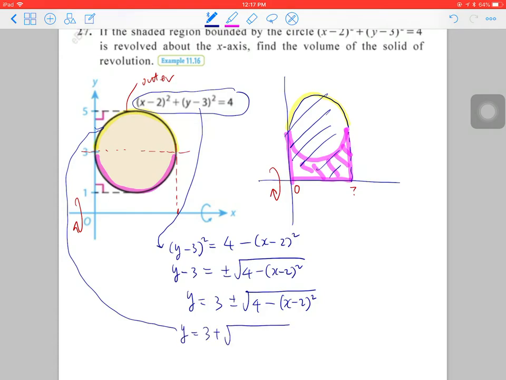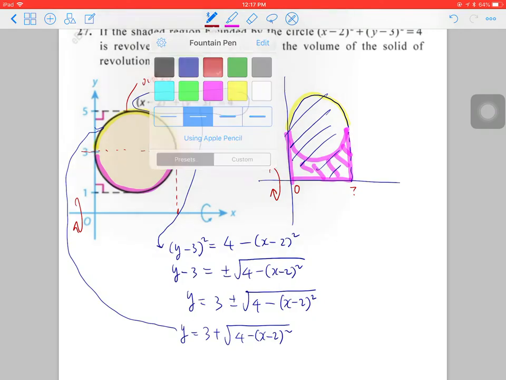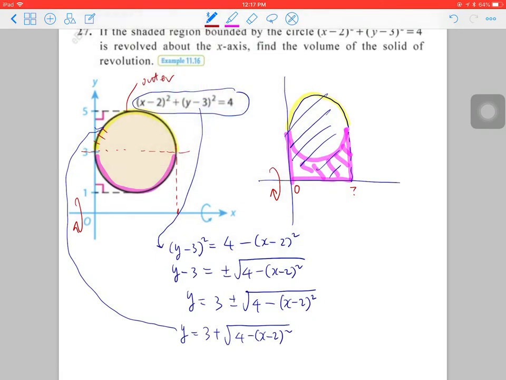The equation should be y equals 3 plus this one. The reason is y means the y coordinate of the point on the curve. So you see the yellow curve. The point on the yellow curve has y coordinate greater than 3.